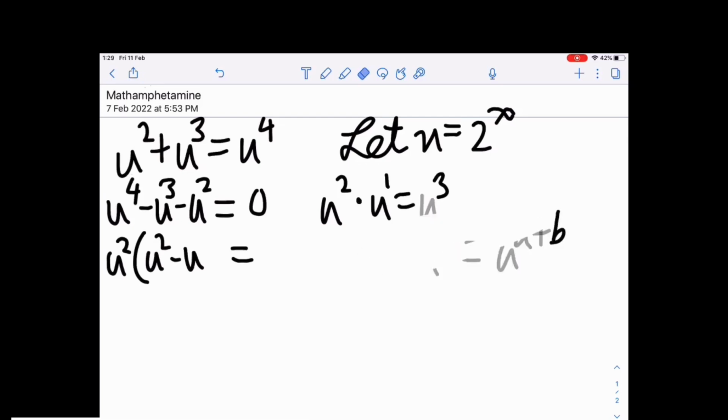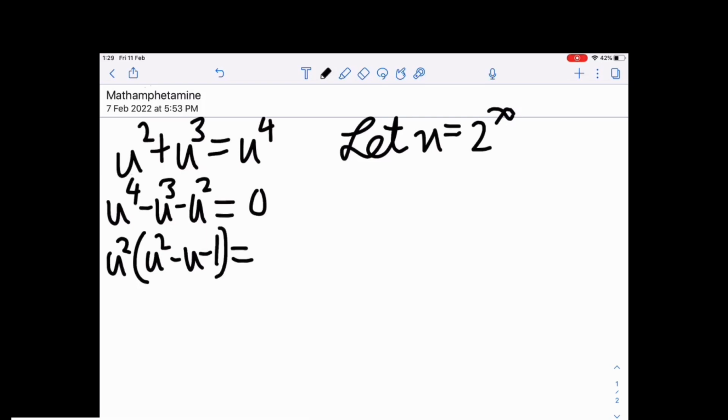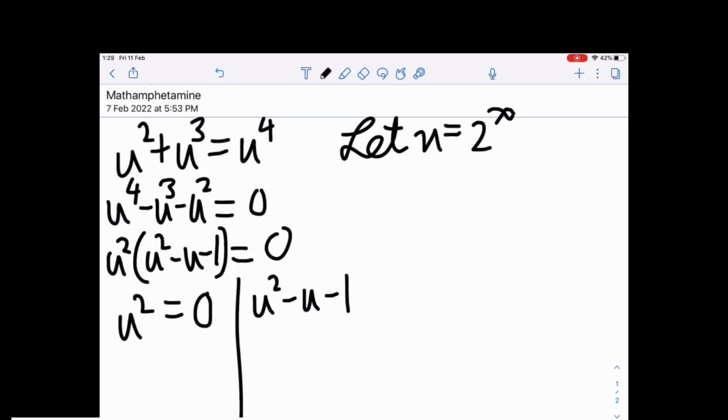So the factorization is going to be this, right? And now, u squared times minus 1 is equal to minus u squared, right? So we can let u squared be equal to 0, or u squared minus u minus 1 is equal to 0, right?